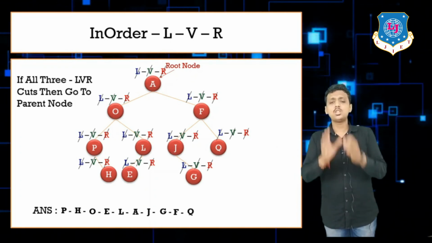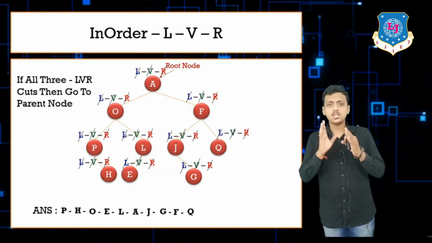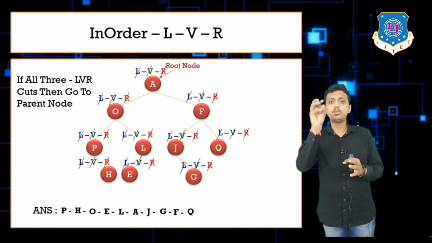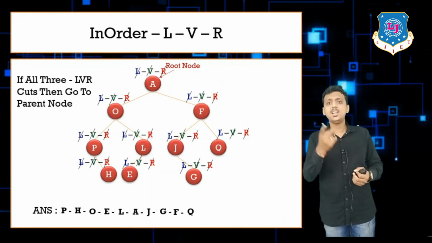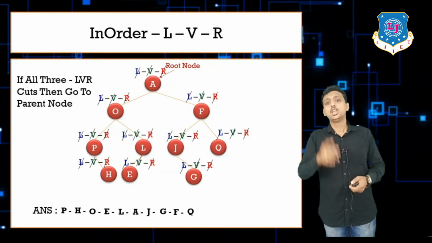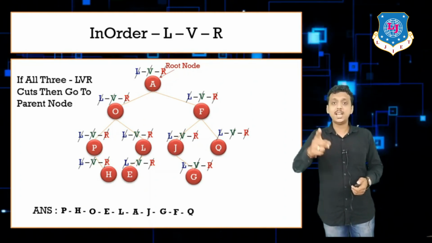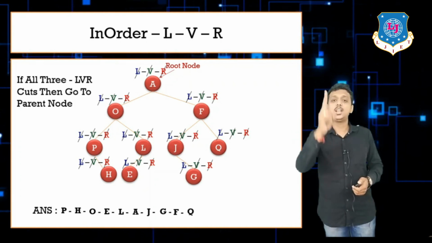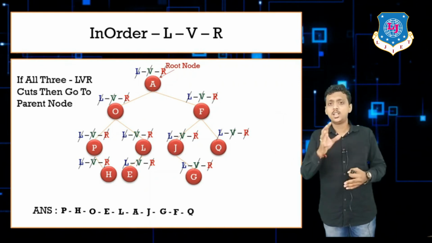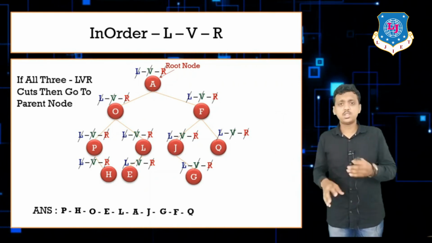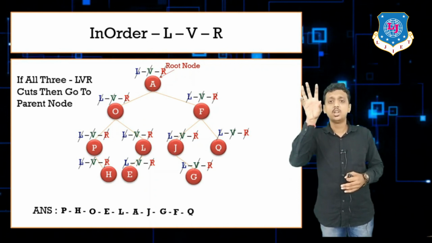Okay, so students, what you need to do is just perform the operation as per the instructions, and the instructions are very common. L, V, R. For in order, you need to go first on the left side, then do visit, then right side. First you check out the root node.